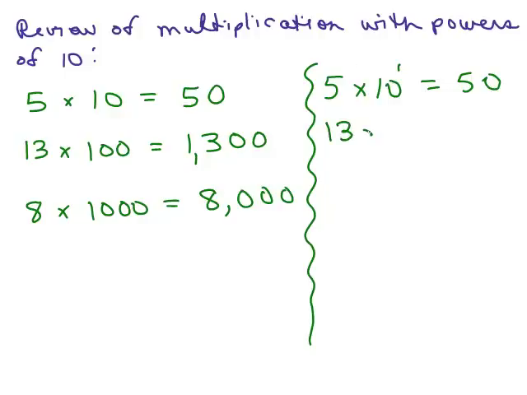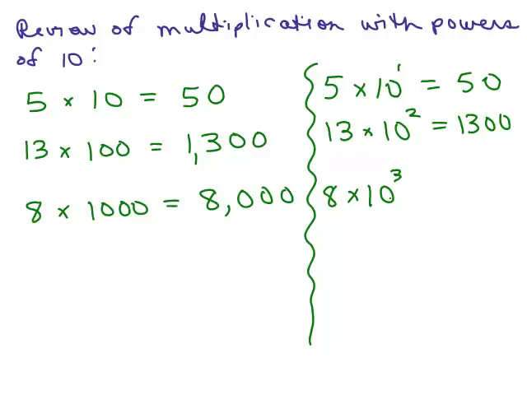Now the second one could have been written as 13 times 10 squared, because 10 squared is the same thing as 100. So if it's written in this form, times 10 to some exponent, it means you're going to tack 2 zeros on. And the last one, 8 times 10 to the what power? 10 cubed is the same thing as 1,000, right?